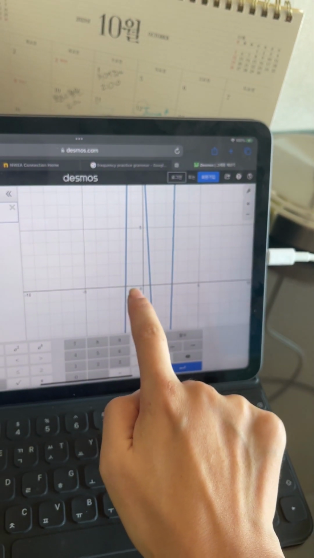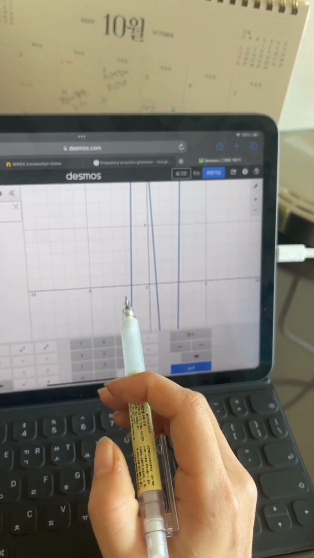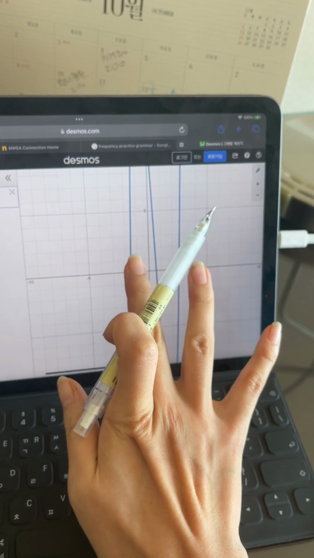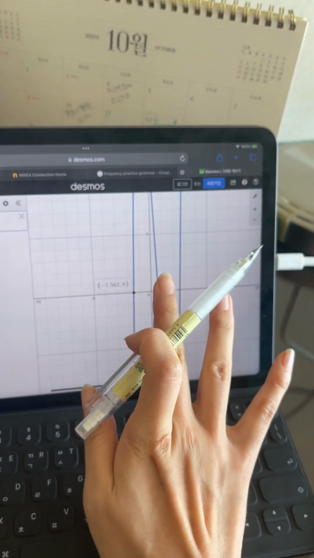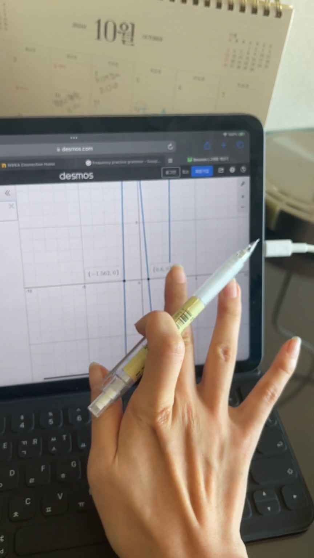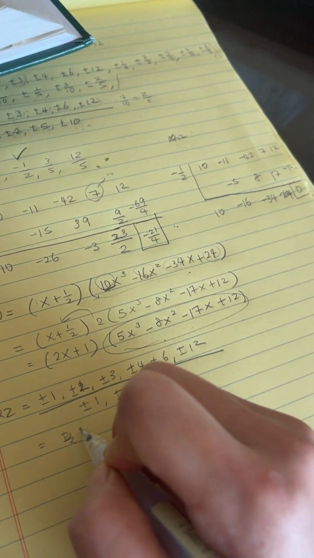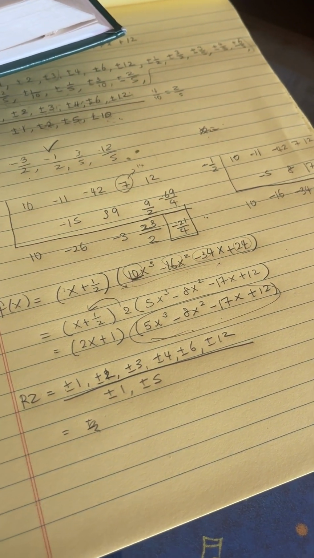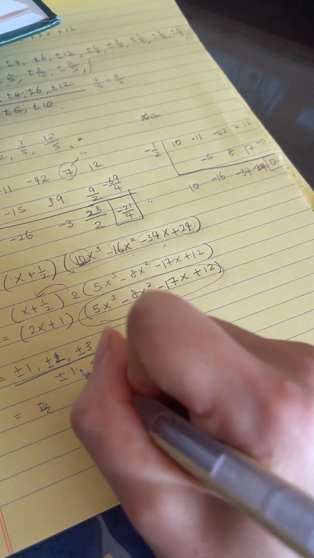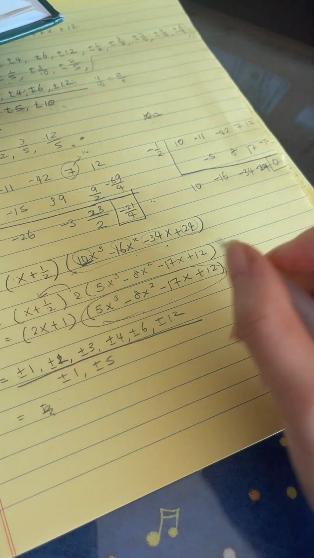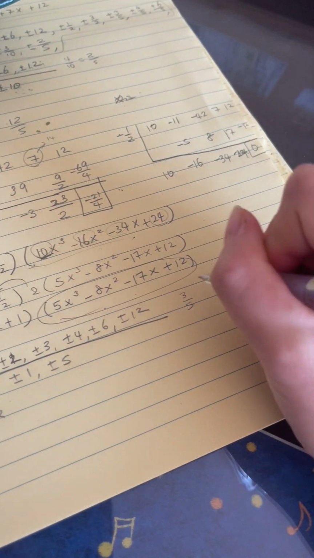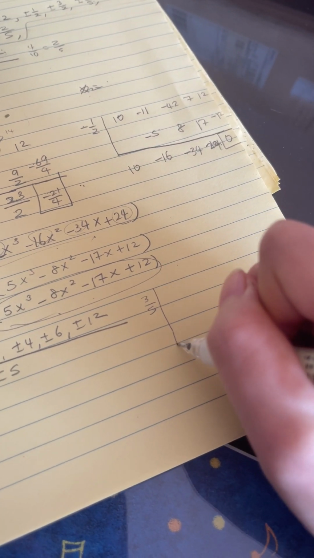Okay, so we have these 3 points now. So that looks like negative 1.562, 0.6 again, and 2.562. So let's go ahead and pick the 3 points. One of them is 0.6 for sure, and that's easy enough. So I'm going to go ahead and perform synthetic division using 3 over 5.